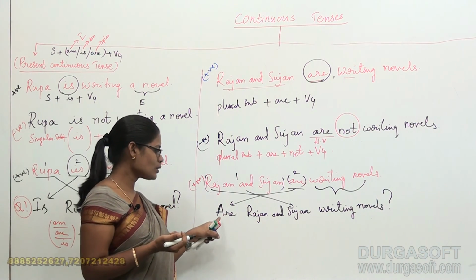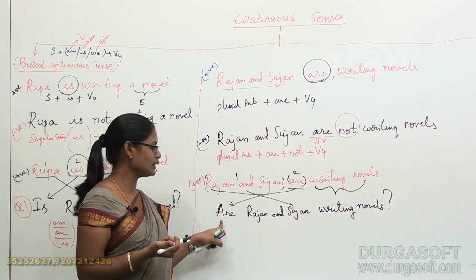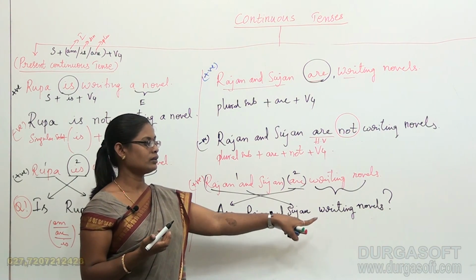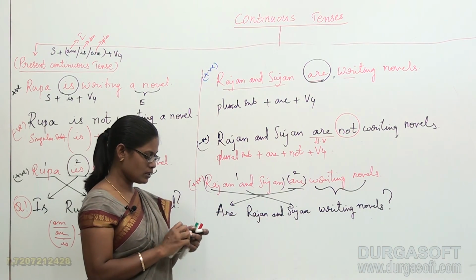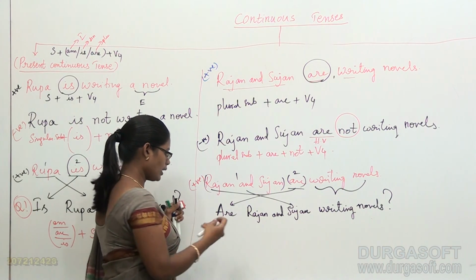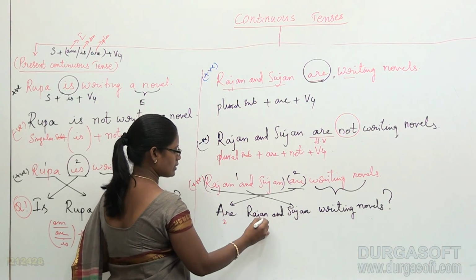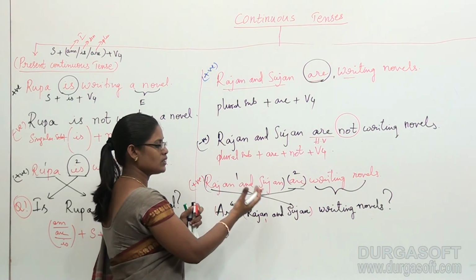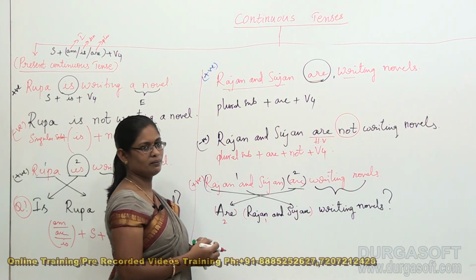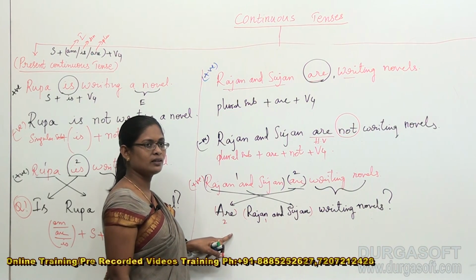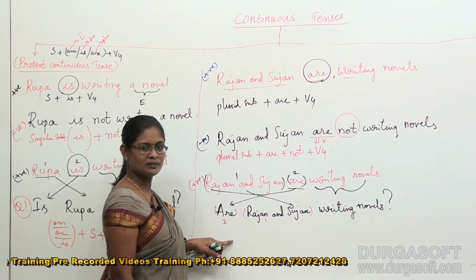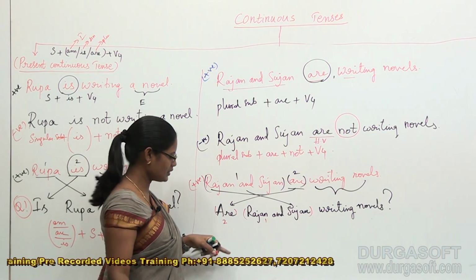Alright. So finally we have got the questioning sentence, that is, Are Rajan and Sujan writing novels? This is the second word that we placed, and this is the first word that we placed here, meaning we just interchanged their places. So from this, can you say how the structure is going to take place? Yes, very good, you are right.